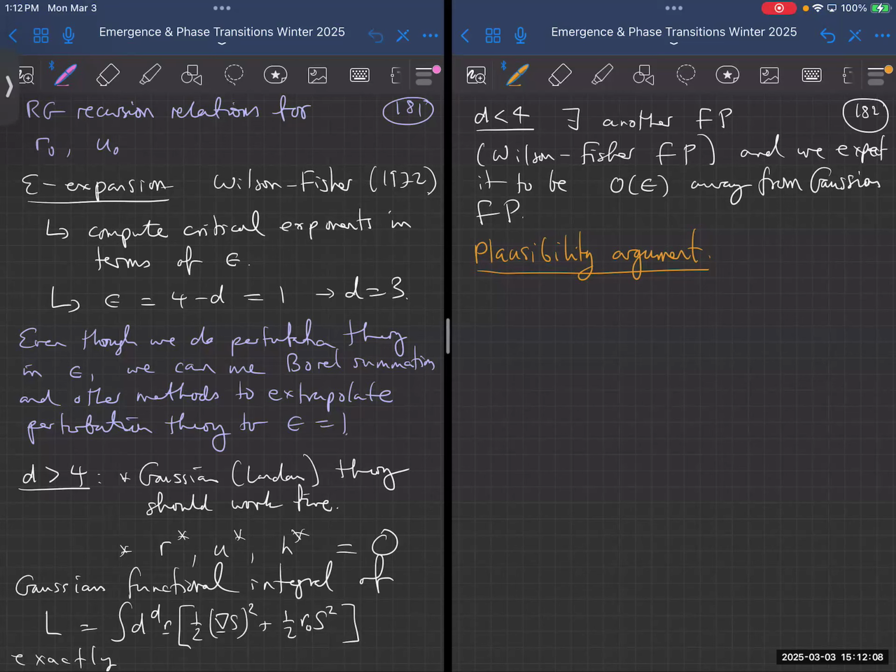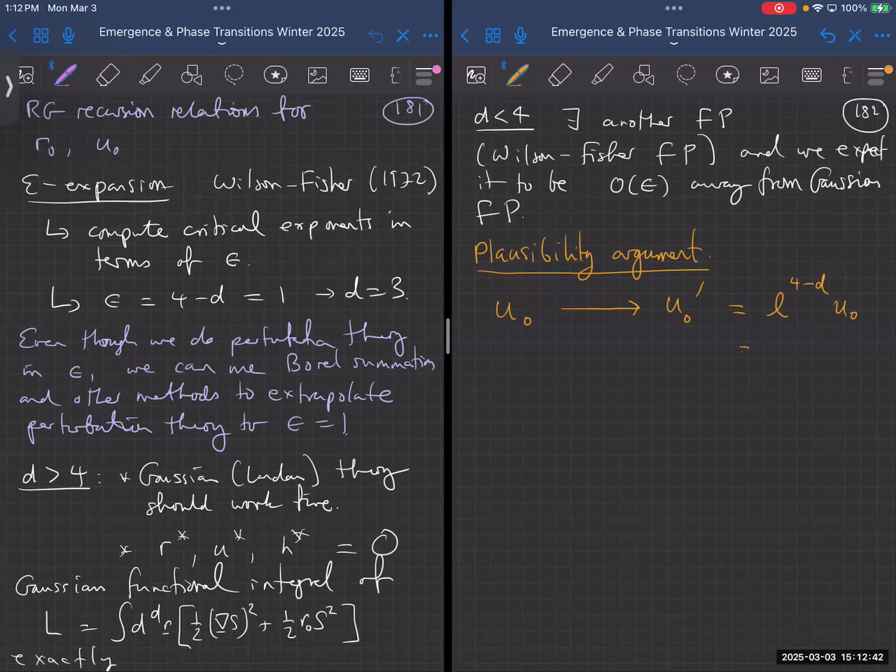Our plausibility argument goes like this. We know that U has dimensions L to the power 4 minus D. So let's suppose I start off with some quartic coupling constant U0, and I do a renormalization group transformation by a scale L. Then U0 is going to go to a new coupling constant, U prime, and we would expect it to go as L to the power 4 minus D times U0, because of the dimensions.